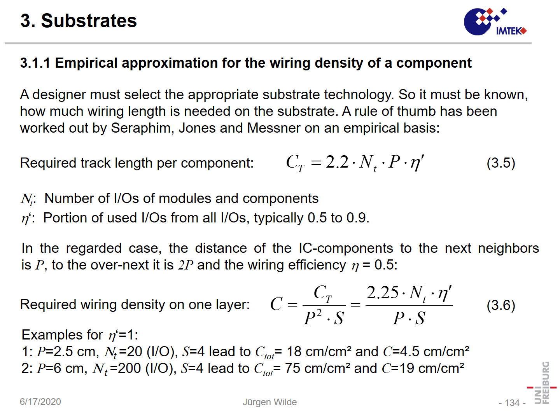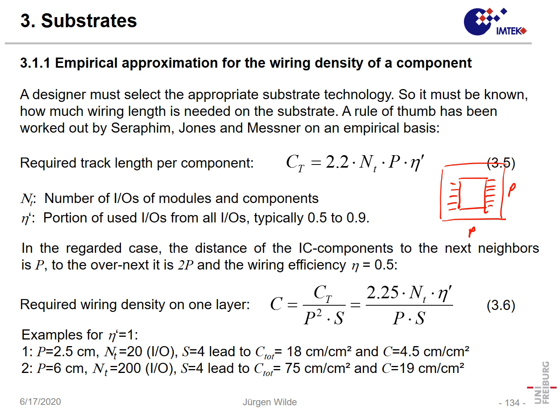For instance, if we have a component, so a processor or so, with a number of IOs, which is NT, and we put it on an area of edge length P, so here would be the device.